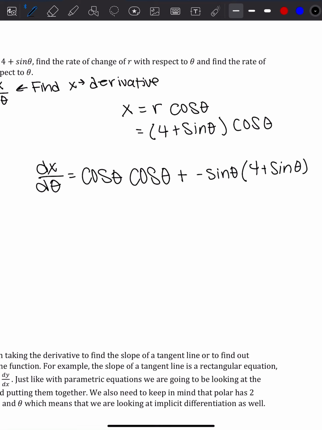So if I really wanted to, I could simplify this to cosine squared theta minus, and then I can distribute this sine. So I have 4 sine theta minus sine squared theta. If I were to do this the other way, multiplying it out first and then taking the derivative, I'm going to get the same answer. Everything just depends on what we see first, how fast we need to do it, and everything like that.